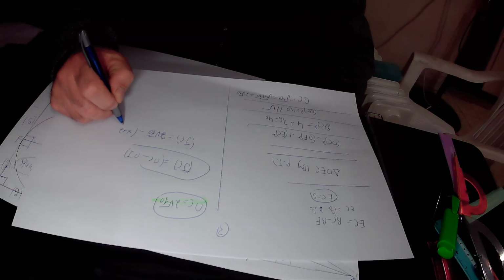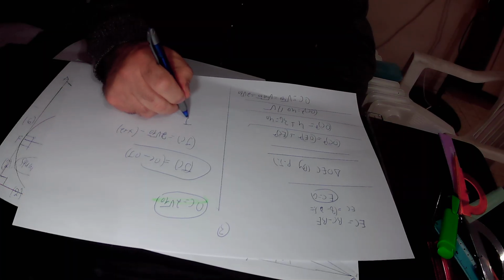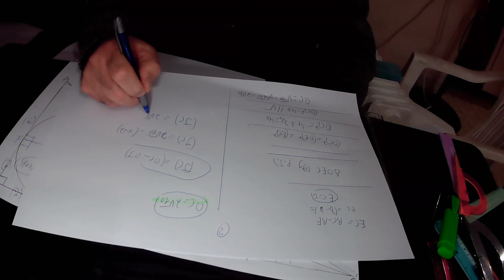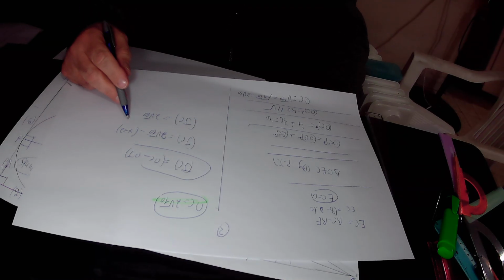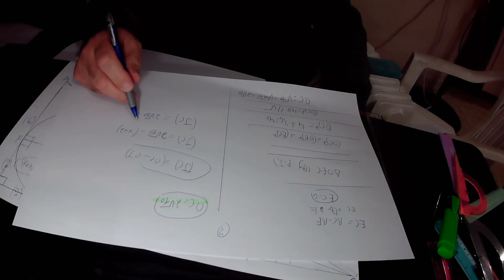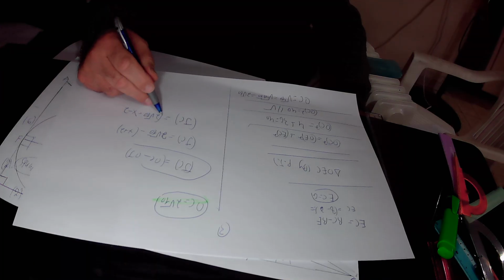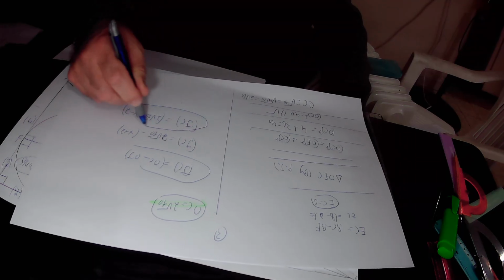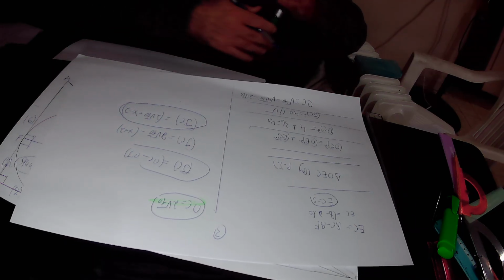So in total, we found out that JC, the missing segment, equals 2 times square root of 10, and here we open the brackets and get minus x minus 2. So the length of the missing segment JC equals 2 times square root of 10 minus x minus 2.